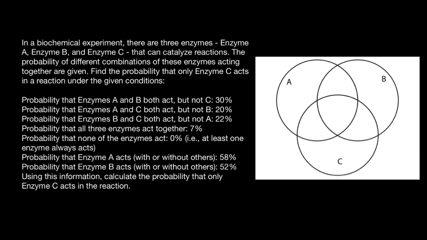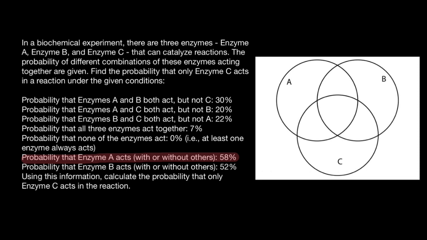Here is the Venn diagram with three overlapping circles, and as you see, one circle stands for the enzyme A, another for the enzyme B, and another for the enzyme C. According to the information given, probability that enzyme A acts with or without others is 58%.